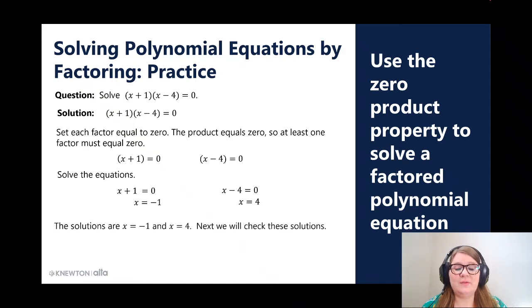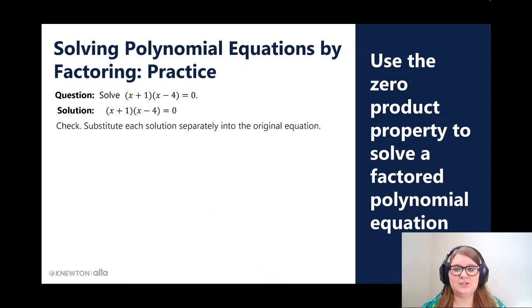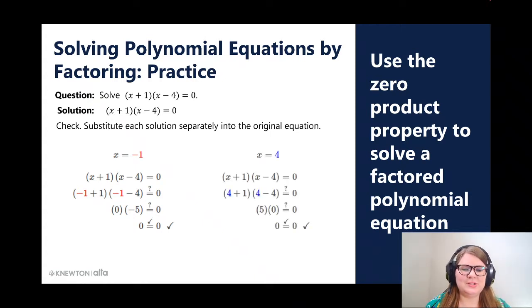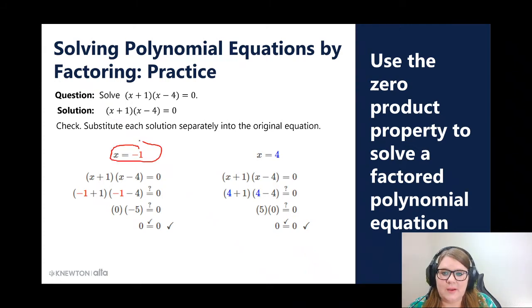And you'll notice that if you plug them back into the original equation, so you plug in negative 1 for each x value, it comes out to 0 equals 0. And if you plug 4 into each x value in the equation, it'll also come out to 0 equals 0. Notice here that I'm not just showing the substitution; I'm also identifying at the very beginning x equals negative 1.